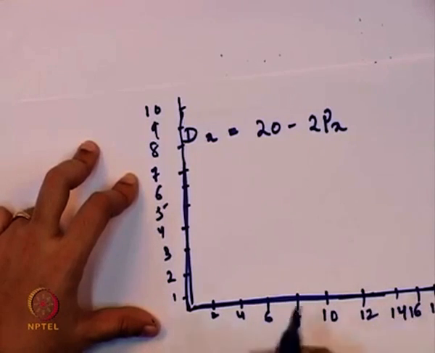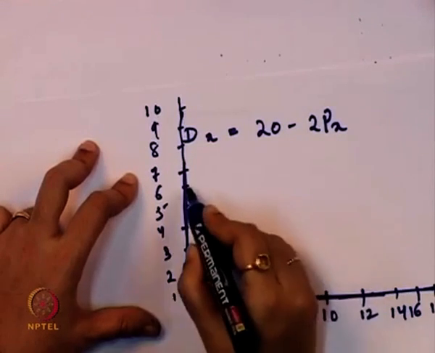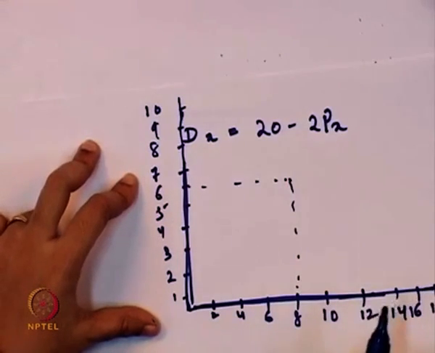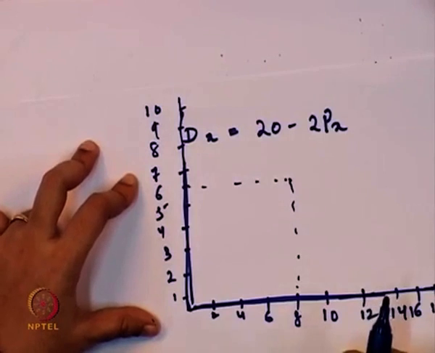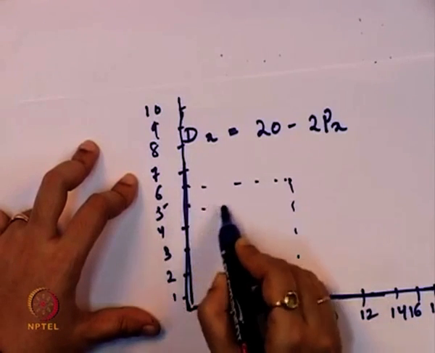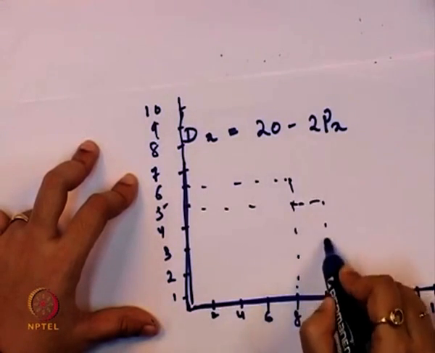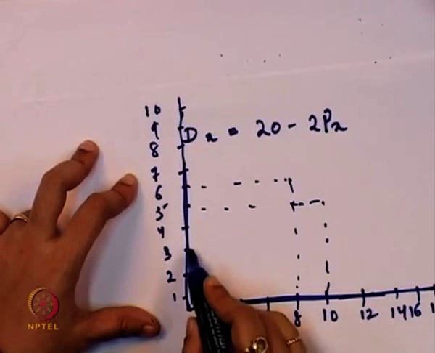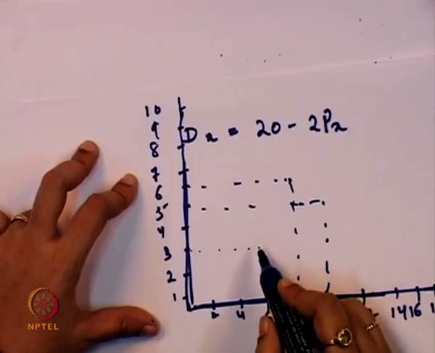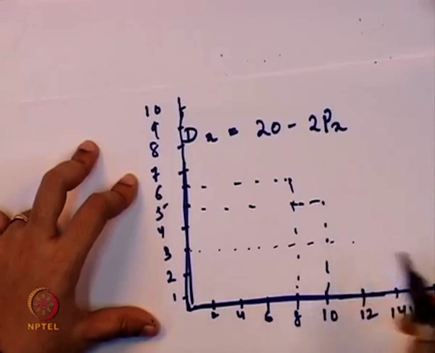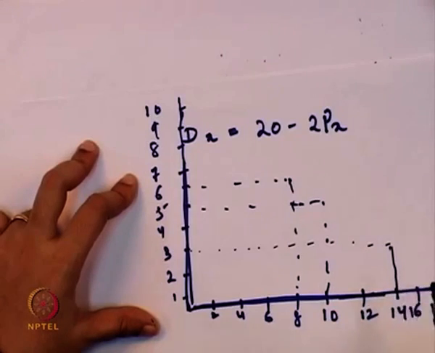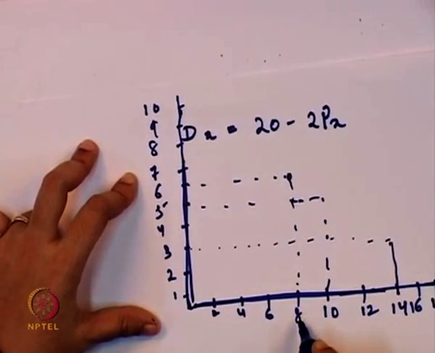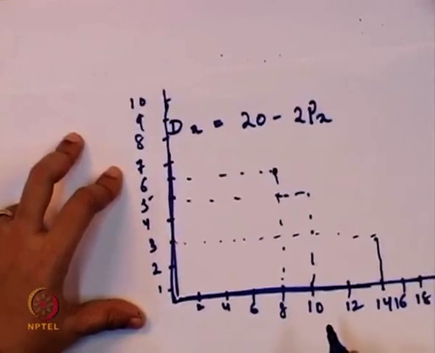When the price is 6, suppose we say the quantity demanded is 8. When the price is 5, the quantity demanded is 10. When the price is 3, the quantity demanded is 14. So, price is 6, quantity demanded is 8, we get one point of the demand curve.